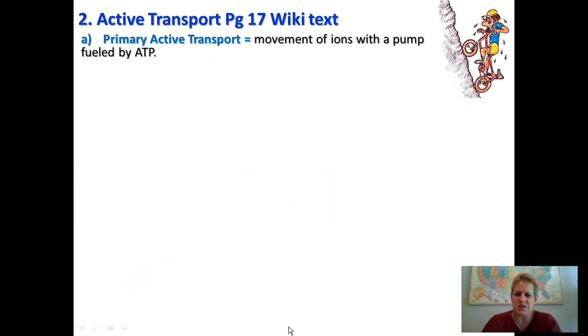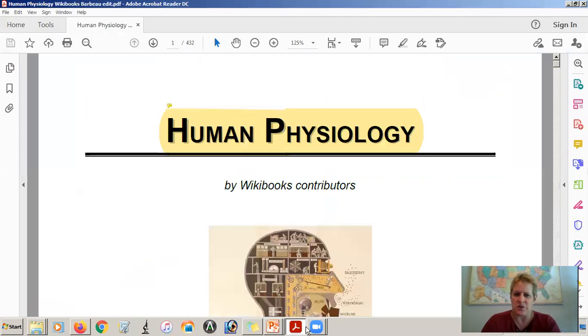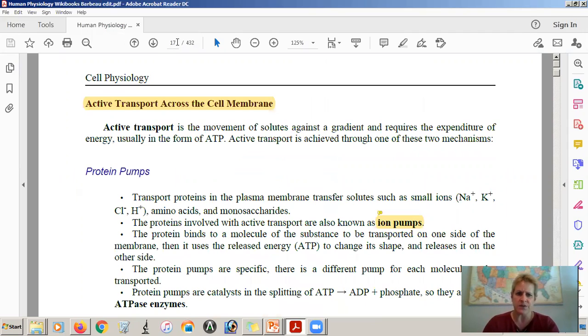I can type in page 17. So I'm going to escape out of this PowerPoint and go to my textbook and type in page 17 and lo and behold, active transport. Look at that. So when I have that, please use those page numbers as a speed dial, so to speak, to go exactly to that place in the textbook so you don't have to surf through everything.